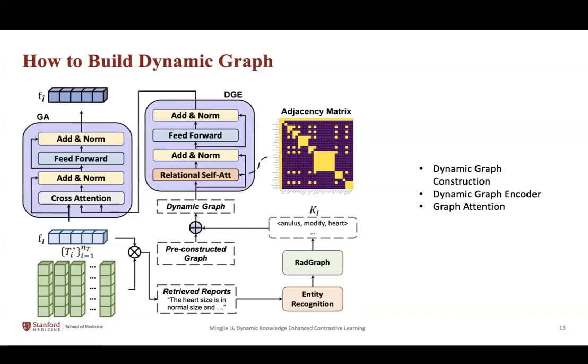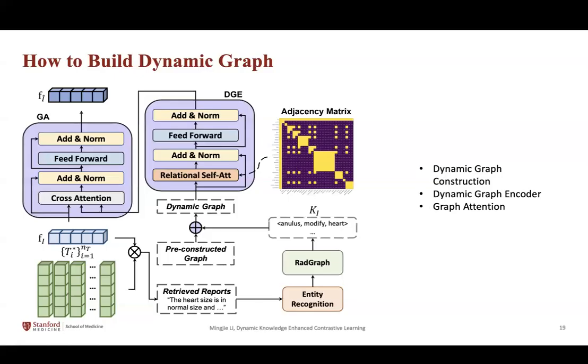After that, we propose a dynamic graph encoder to propagate information and learn node features in our dynamic graph. This module is built upon the standard transformer encoder layers. It is just attention on our graph, to extract the hidden state of each node, and we use the adjacency matrix to control the attention between connected or unconnected nodes.